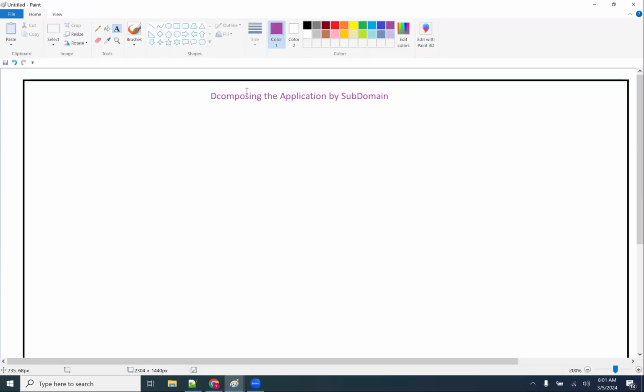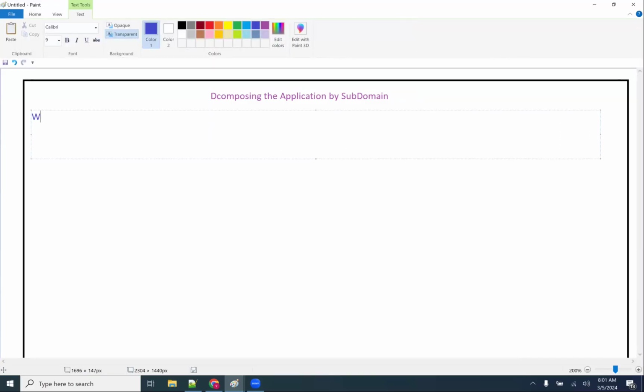Now what do we need to think here when we are dividing the application by subdomain? We need to analyze the uniqueness by software, hardware, implementation, revenue. These are the factors you need to think about.